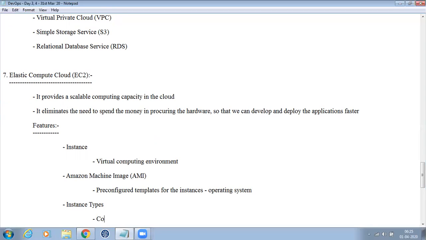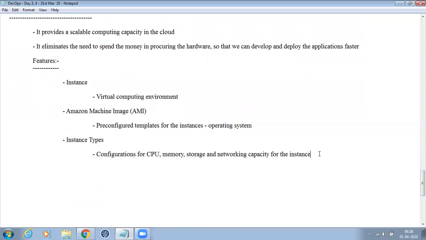We have configurations for CPU, memory, storage, and networking capacity for the instance. Okay, this is where instance types are.